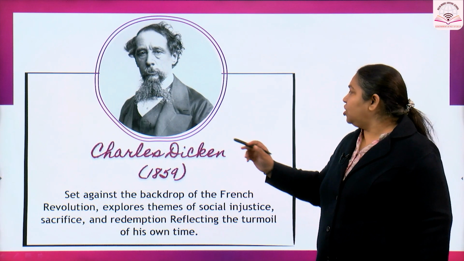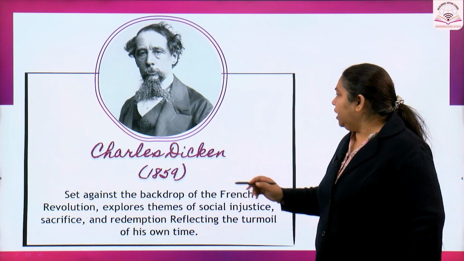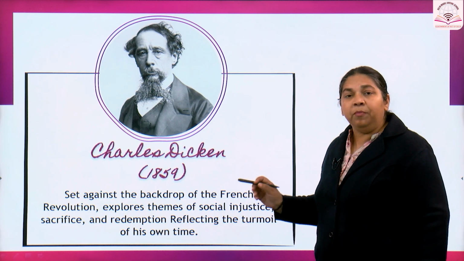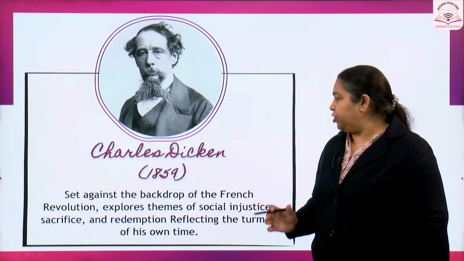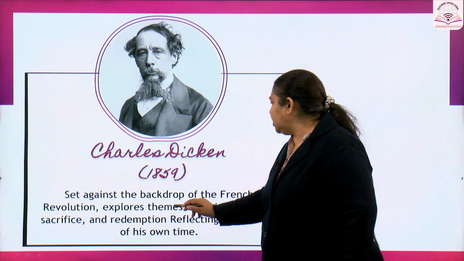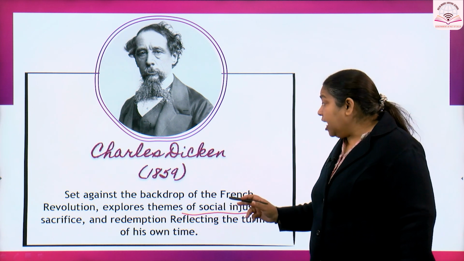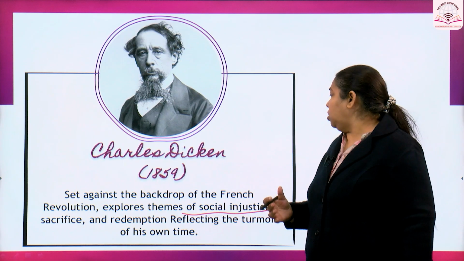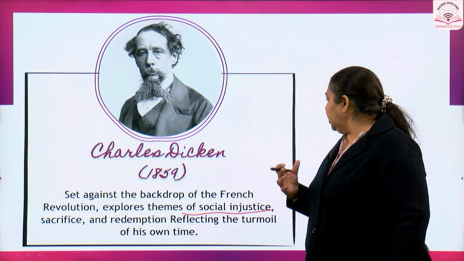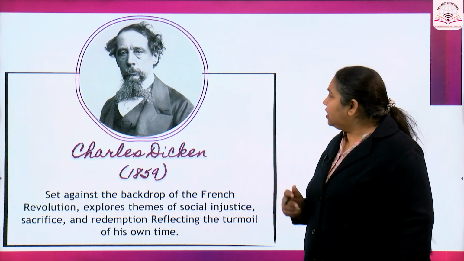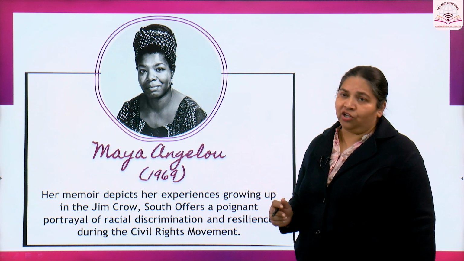First is Charles Dickens. In 1859, his work was set against the backdrop of the French Revolution. So he explores themes of social injustice, sacrifice and redemption, reflecting the turmoil of his own time. And the next example is Maya Angelou.